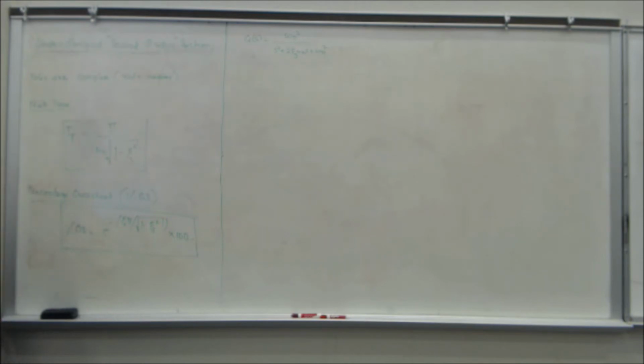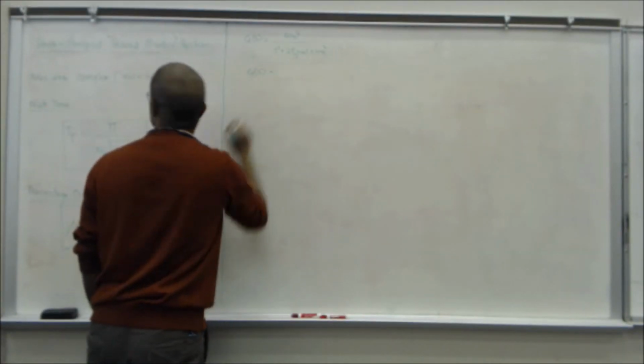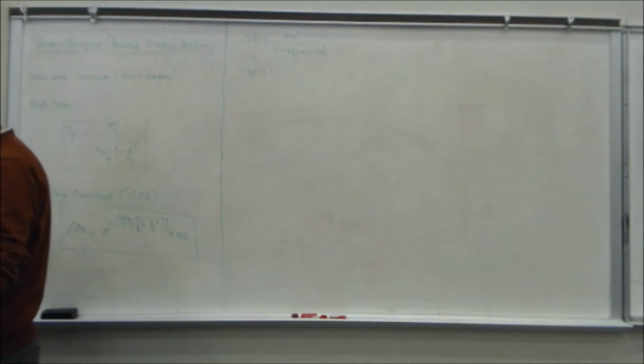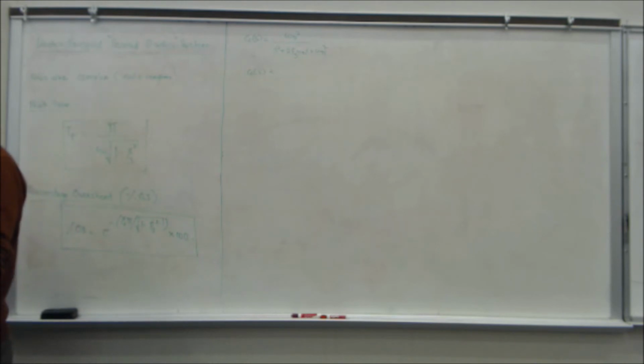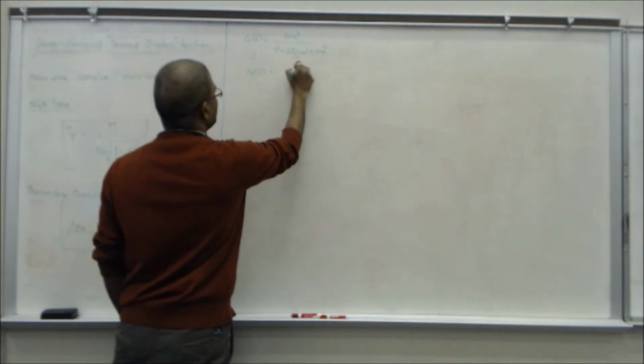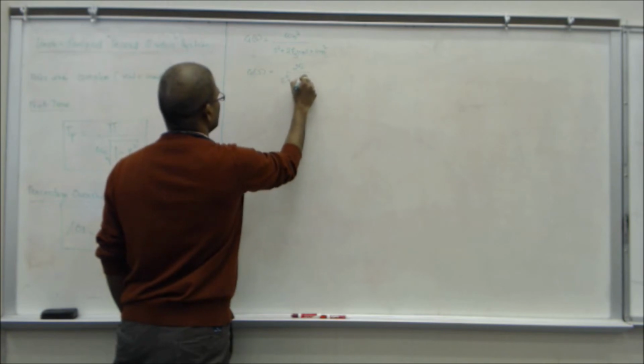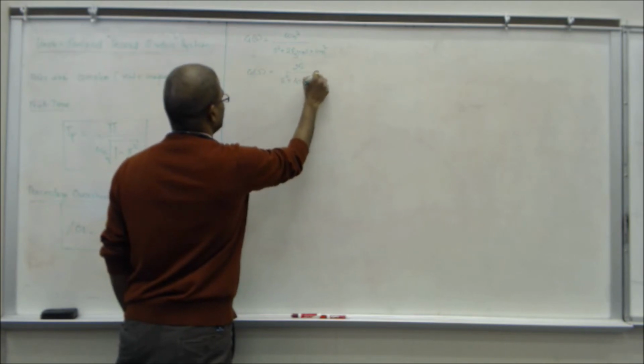Okay? So for example, here, what is the system? The system given is 25 over s square plus 4s plus 25, right?